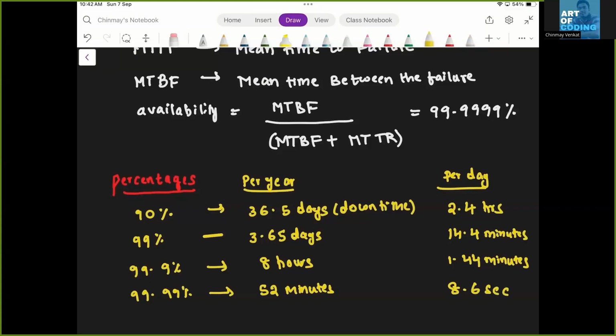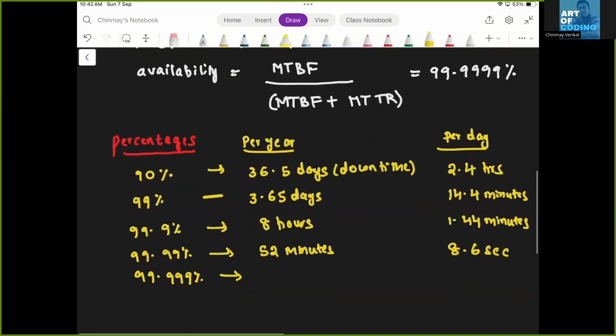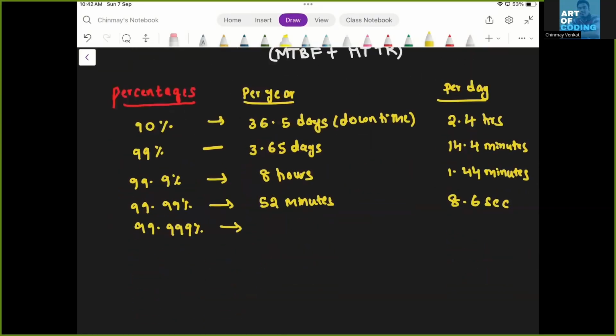Okay, if your application is 99.999%, then per year there is 5 minutes of downtime and 0.86 seconds per day.